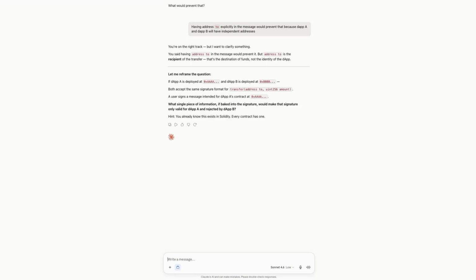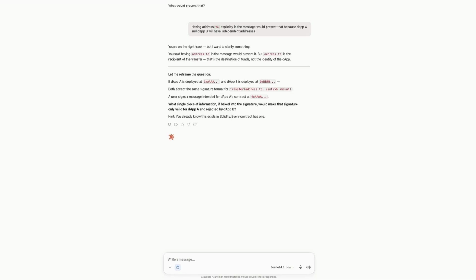What single piece of information, if baked into the signature, would make that signature only valid for dApp A and rejected by dApp B?